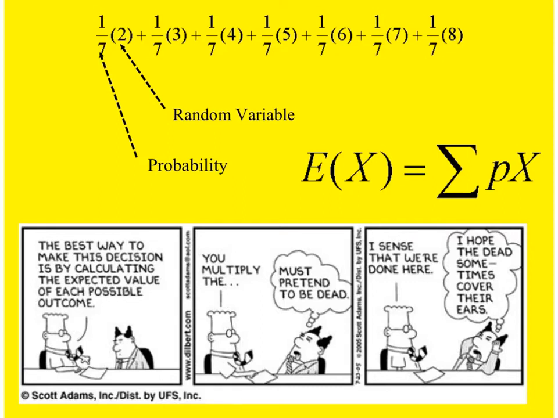The one other thing I wanted to say about expected value is that we call this the expected value. It's a very similar calculation to the mean, and it's used in very similar ways to the mean.